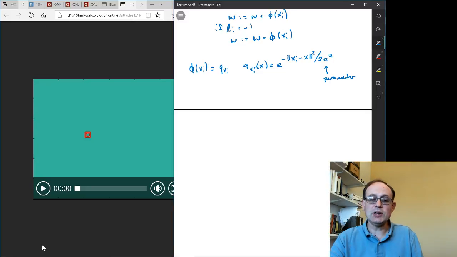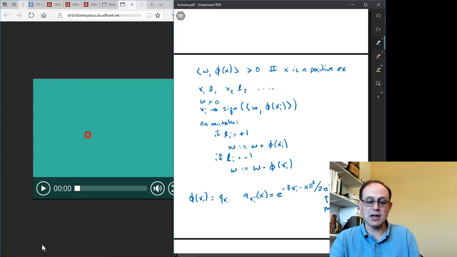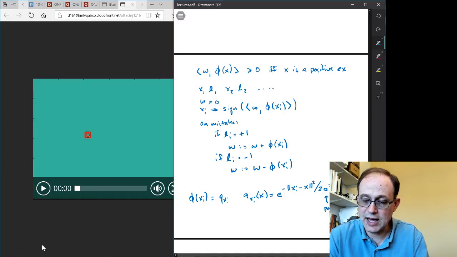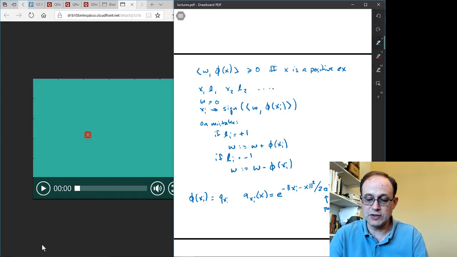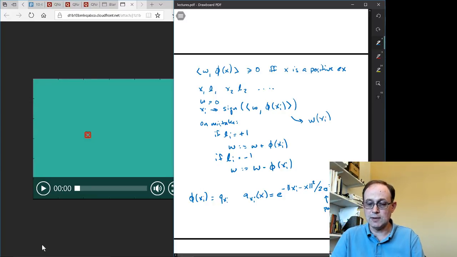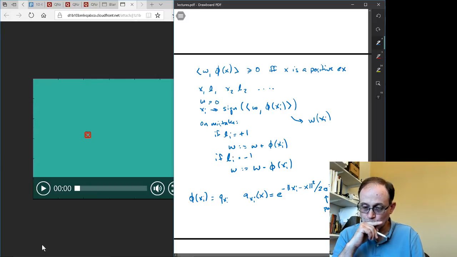All right, and so I'm going to run this perceptron algorithm in that function space. What that means is that W is initialized to the 0 function. The inner product between W and phi of xi, when we defined this function space, we defined to be W evaluated at xi.